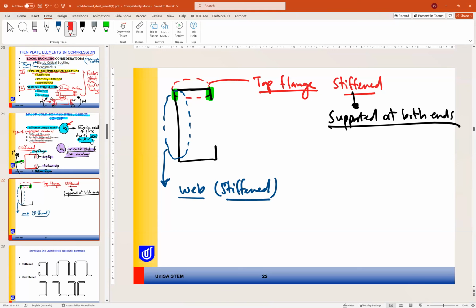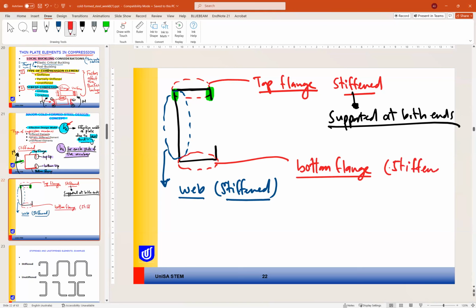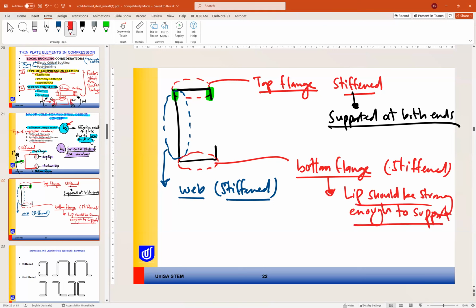Okay, this flange again is stiffened. So the bottom flange is stiffened. But we have only one condition for both flanges: the lip should be strong enough to support, because this lip can be long, can be short.